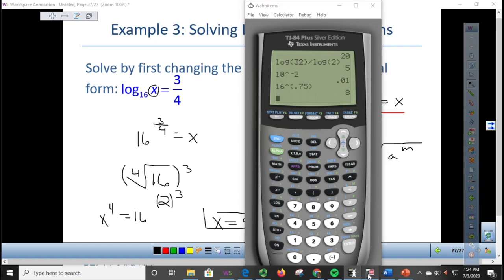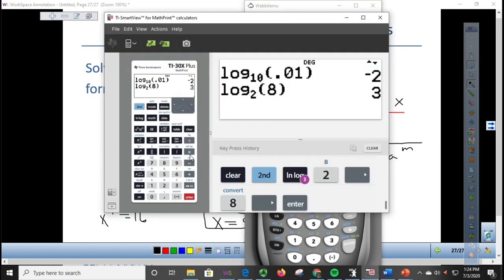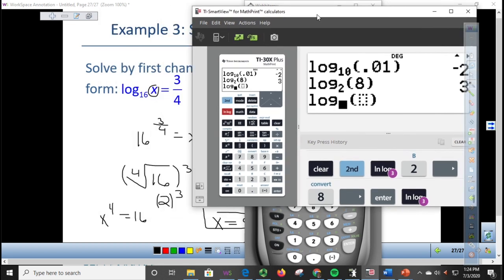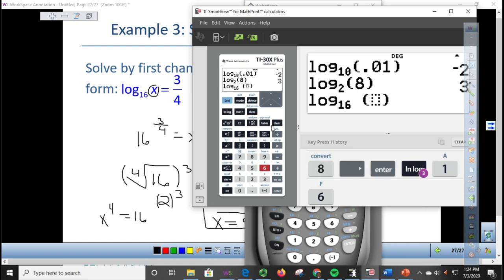So on my other calculator, let me see if I can still figure this log out. I can go ahead and plug it in. Actually, I can't because I'm looking for x. But if I said 16 and I'm saying the solution is 8, it should now spit out 3/4, which is 0.75.